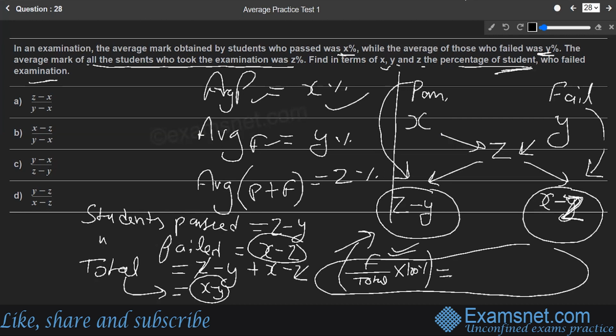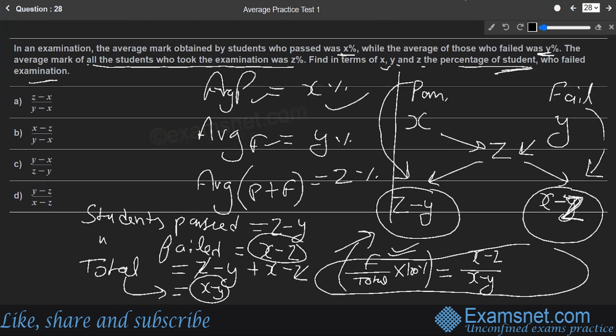Let's put down our values. The failing people are X minus Z, divided by total people, X minus Y. Because this data is already in percentage, we don't need to multiply by 100 here, as it cancels out from the numerator and denominator.